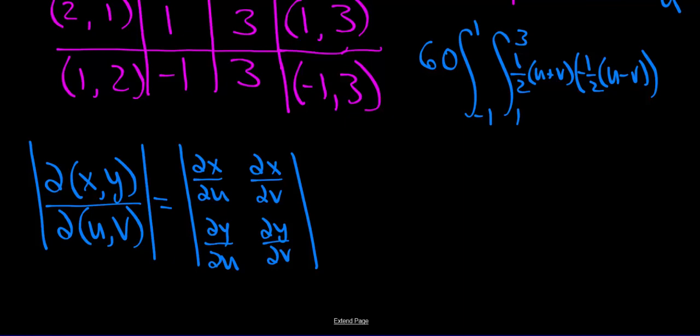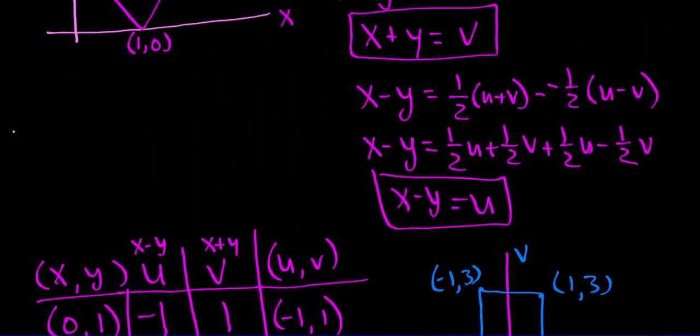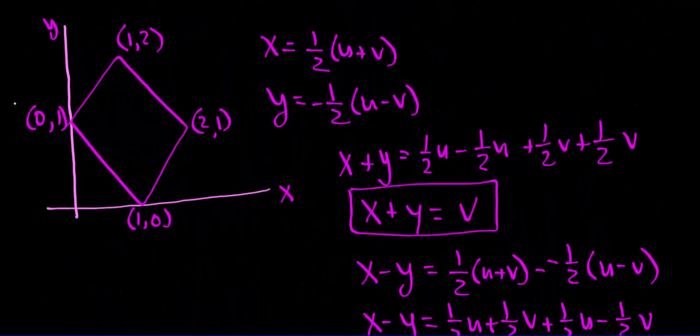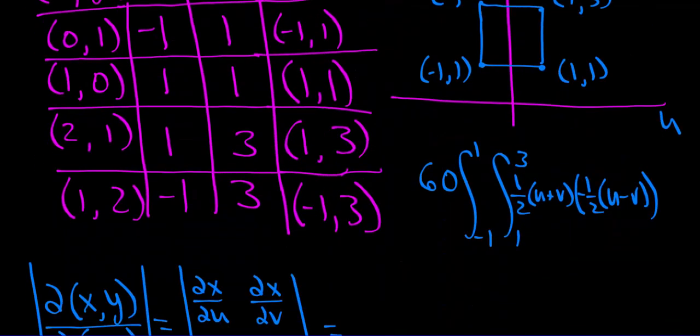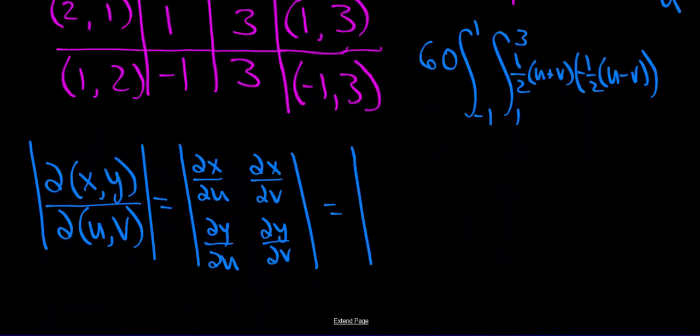So let's look here and see, what is the partial with respect to u? The partial of x with respect to u is 1/2, and both of these are going to be 1/2.